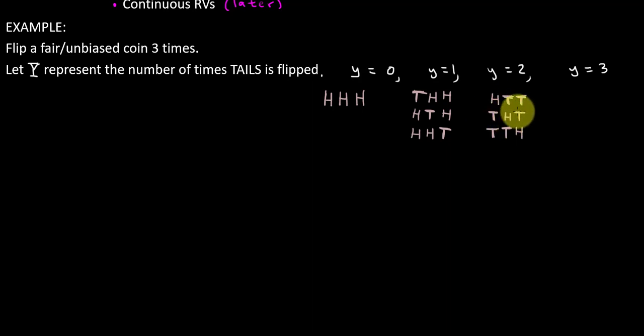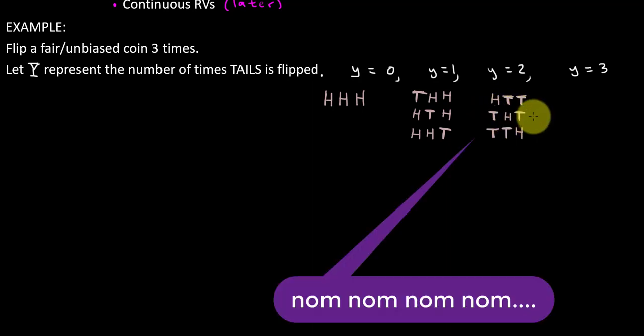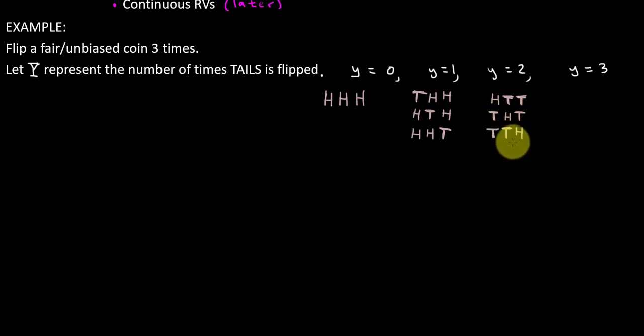That is what we call a heads sandwich on tails bread. And then TTH. So notice, again, there are three ways for two tails to occur. However, there is only one way to achieve three tails, T, T, T.